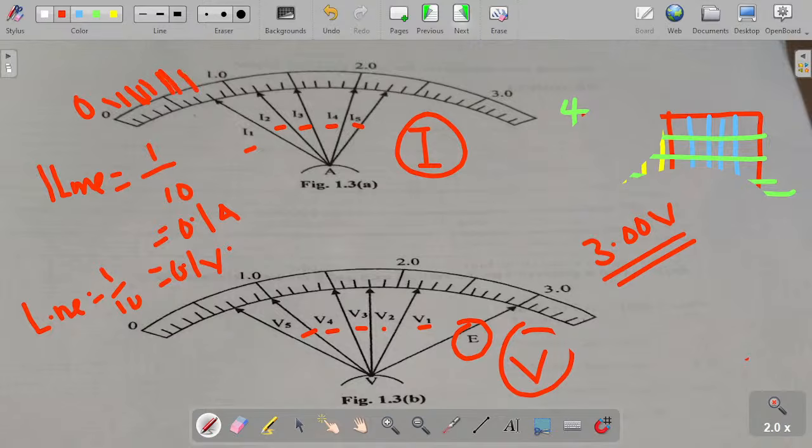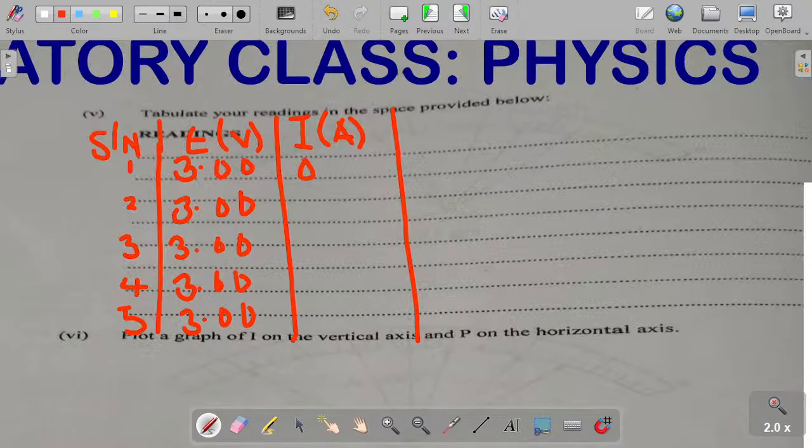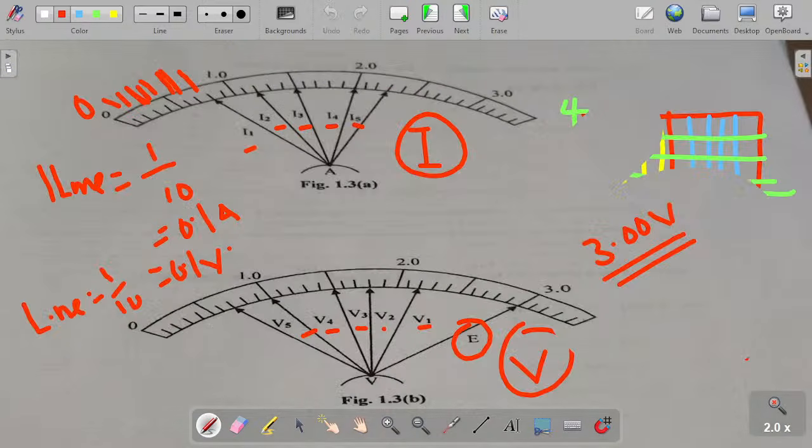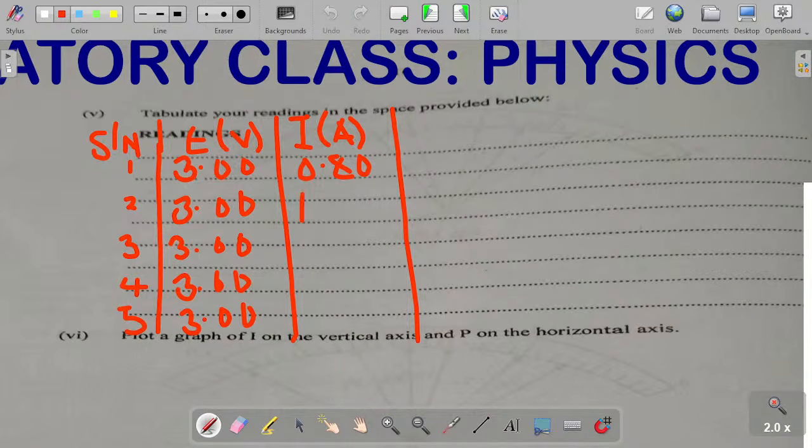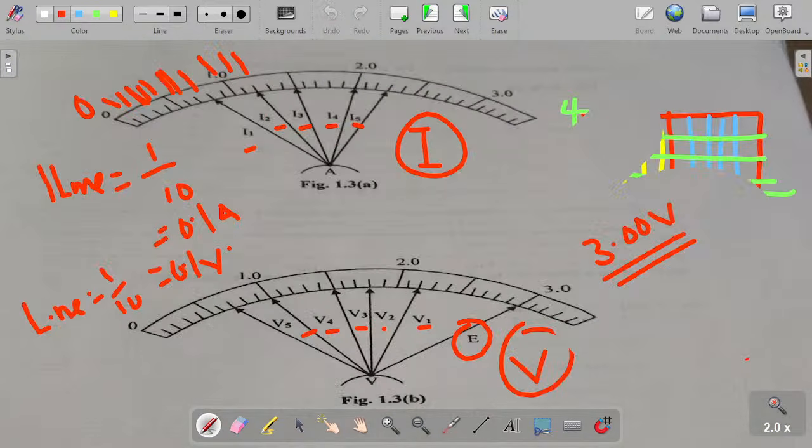So my I1 is 0.80 to 2 decimal places. Then I2: the box is 1, and one line is 0.1, so 1.1, then 1.2. Here it becomes 1.20.